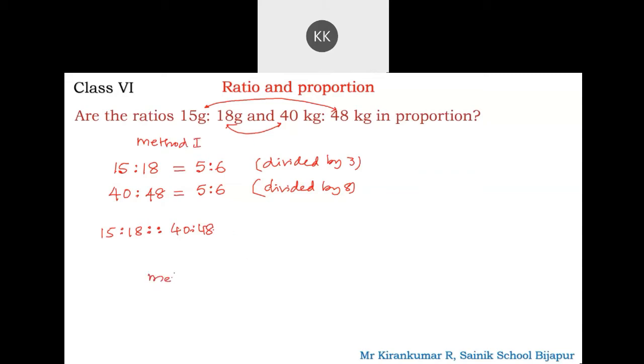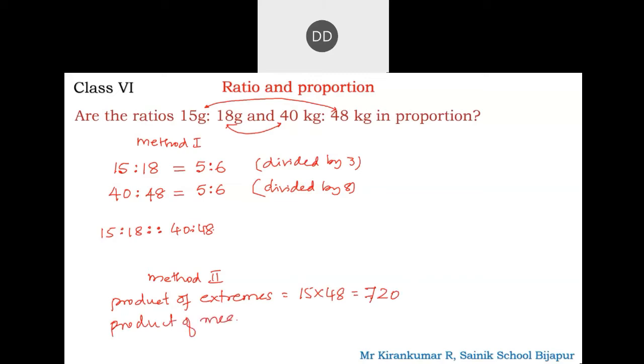Method 2 is the product of extremes and the product of means. What is the product of extremes here? 15 into 48, which is 720. The product of means is 18 into 40, which is also 720.